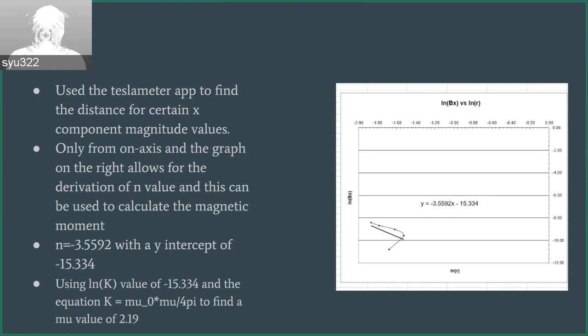My n value was negative 3.5592, which is pretty good because it was pretty close to negative 3, which is what we wanted. I had a y-intercept of negative 15.334. Setting this to be my ln k value, I used the equation k equals mu naught times mu over 4 pi to find a mu value. The mu value that I calculated was 2.19.